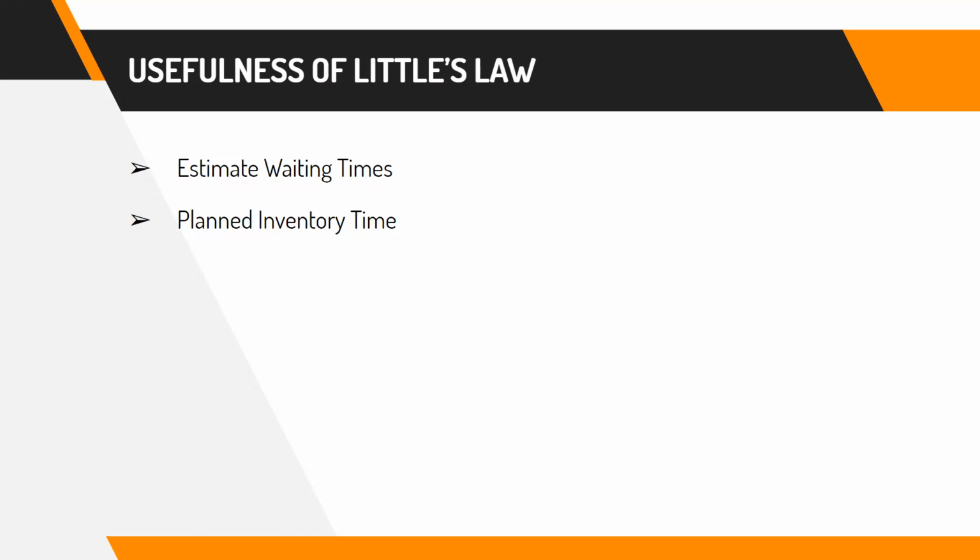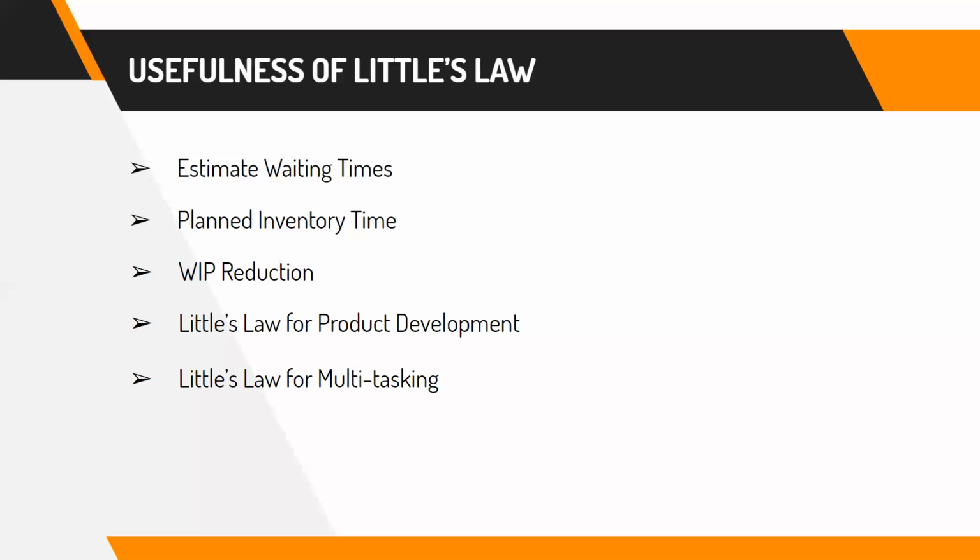It can also be used for finding the planned inventory time, that is the time after which we want to order our inventory. Next, we can also use it for work in progress reduction, and that can be used in operations management. It also has applications in product development, and another application can be found in multitasking.